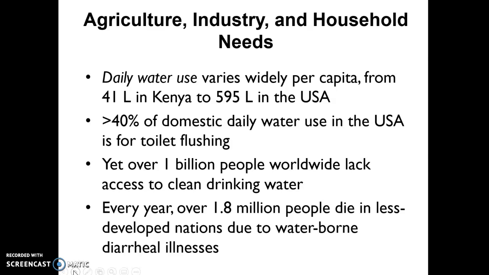And yet, despite this, there are over 1 billion people worldwide that lack access to clean drinking water. And we will talk about that on a future screencast. Every year, over 1.8 million people die in less developed countries due to waterborne diarrheal illnesses.